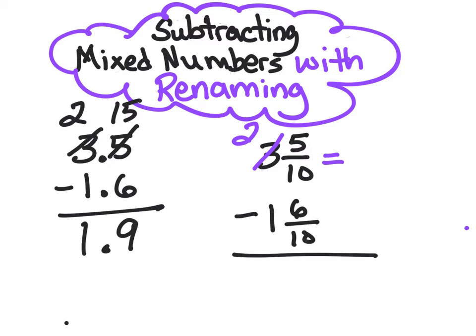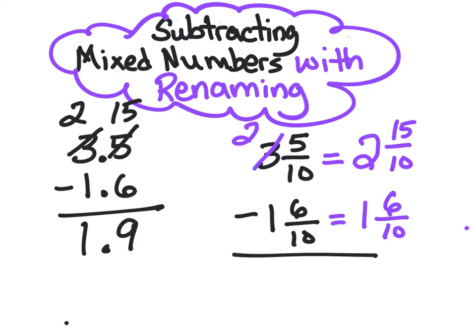Now that one whole is 10/10, but I already have 5/10. That makes this become 2 15/10. If we look back over here, we will notice in the decimal that it also says 2 15/10. Now I can simply bring over the 1 6/10 and subtract.